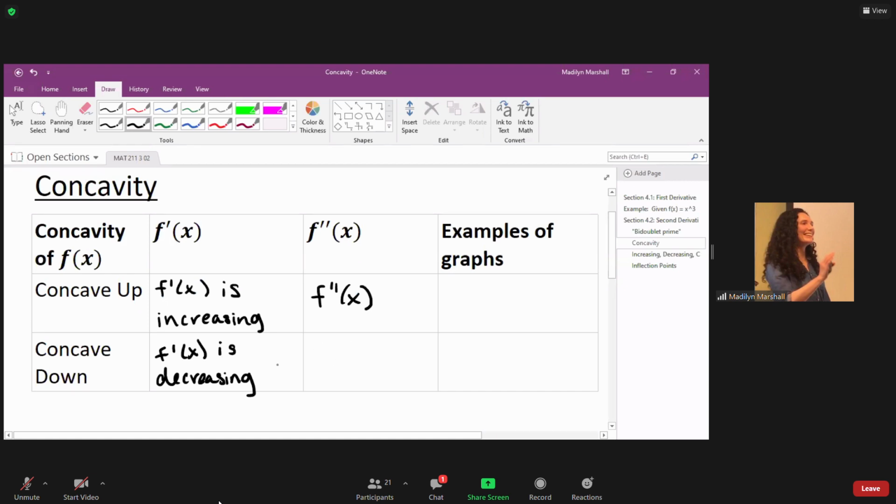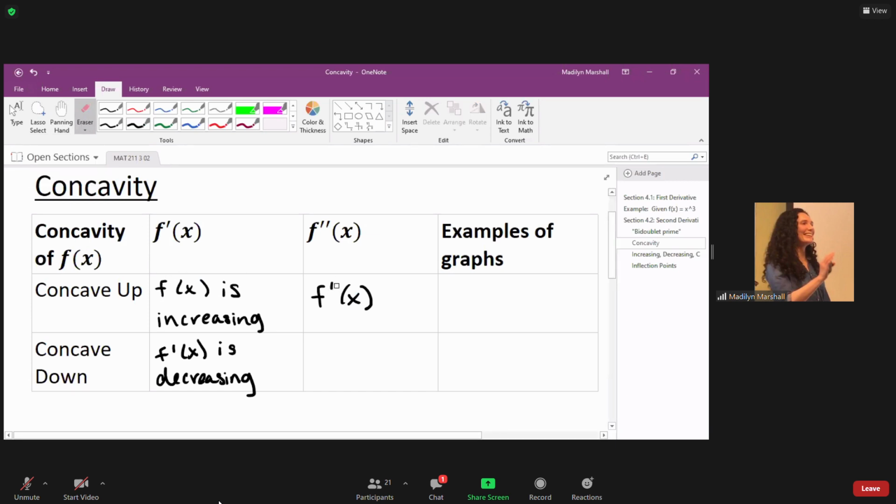So if the first derivative is increasing, what can we say about the second derivative? Not quite. Good guess, though. If f prime is increasing, f double prime, so just for a moment, I'm just going to erase 1 prime from each of these.